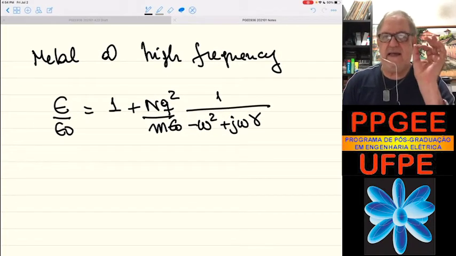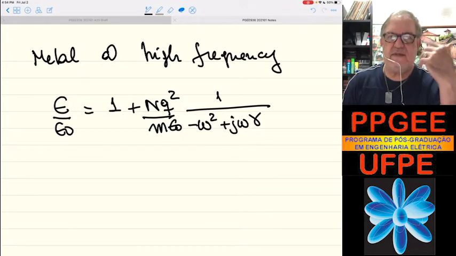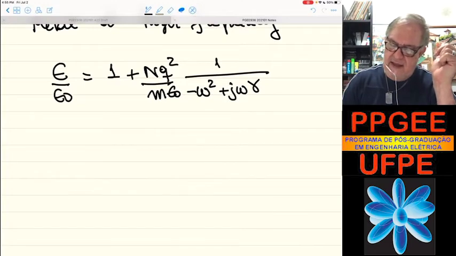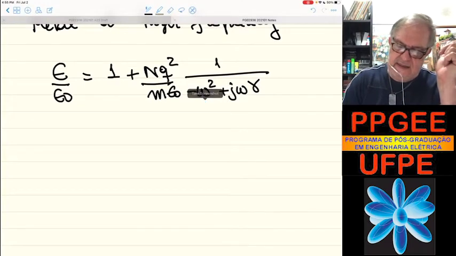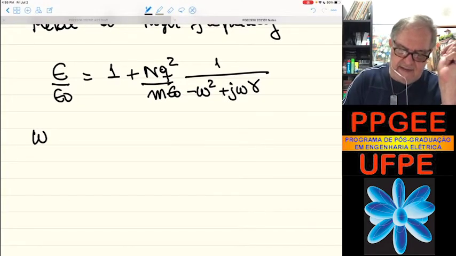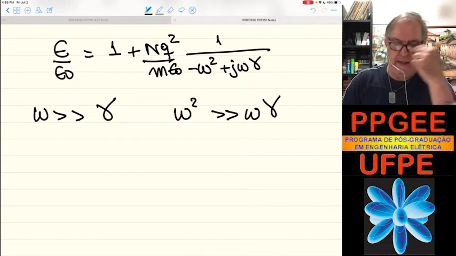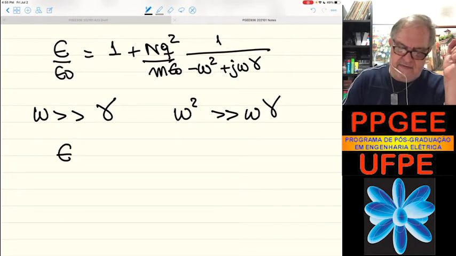So let's say each atom releases 1 electron only, okay? So that's what we have. So when omega is much larger than gamma, so omega square is much larger than omega gamma, what we have? The relative permittivity is real, right?